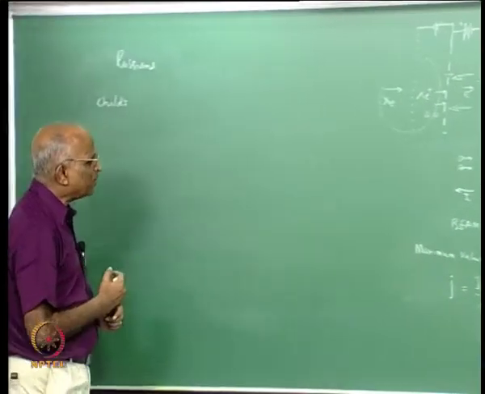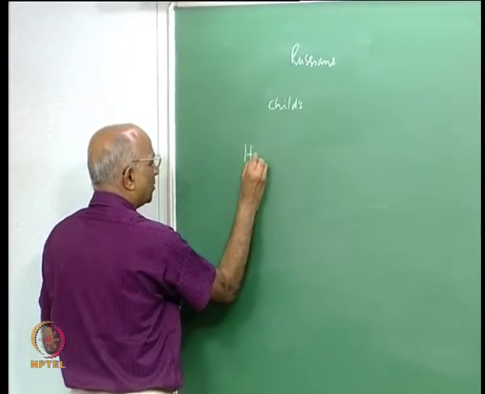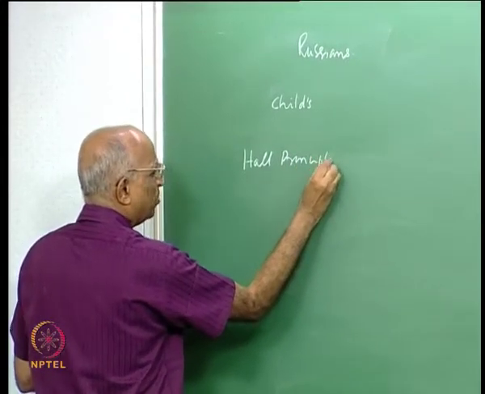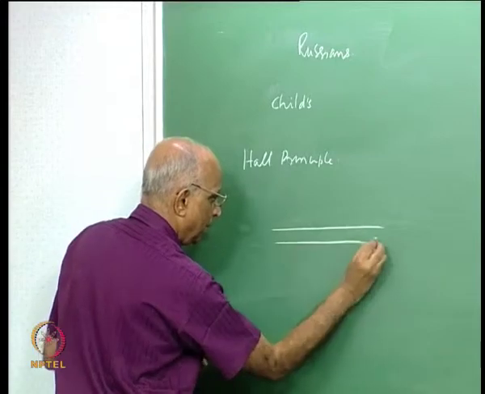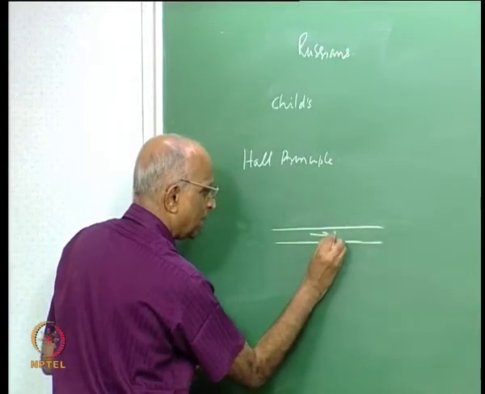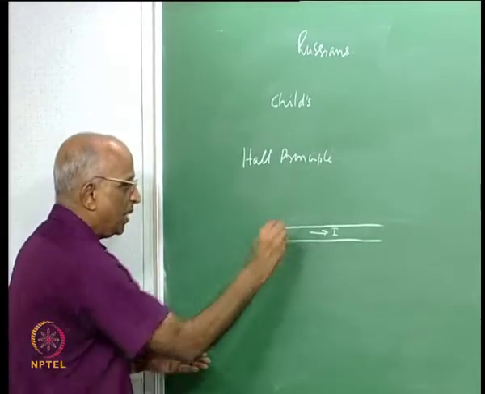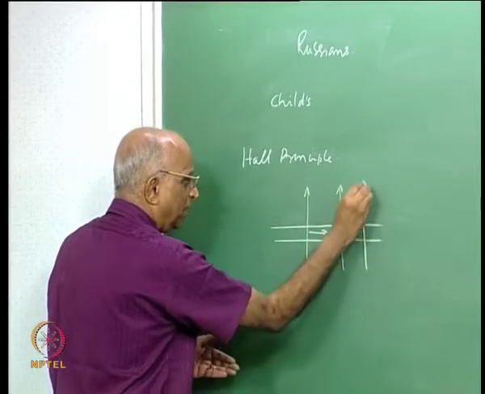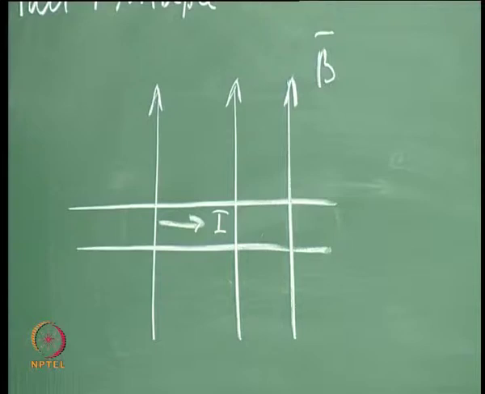Now, there is a principle in electrical engineering or in physics known as Hall principle. What does this principle tell? Supposing I have a conductor, in the conductor I pass a particular current I, and this conductor is placed in a magnetic field which is perpendicular to it, that means I have so much Tesla normal to the current flow in amperes.